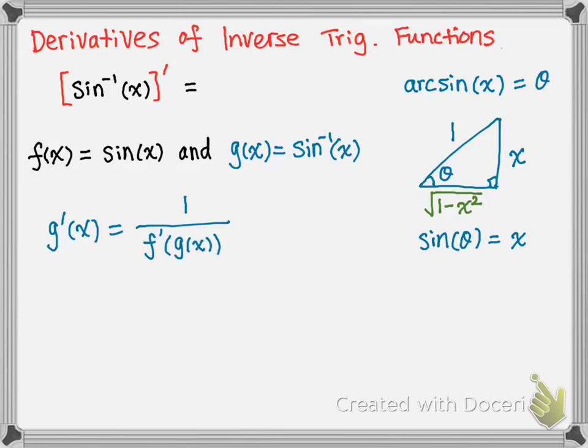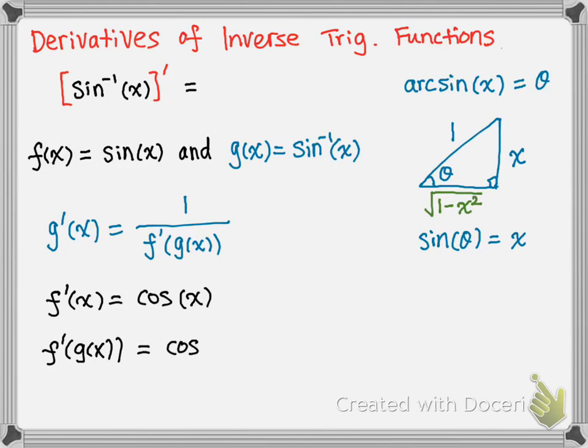Now we know what f prime is. Okay, we know the derivative of the sine function. It's just a cosine function. So when you plug in g of x, f prime of g of x is just cosine of sine inverse of x.